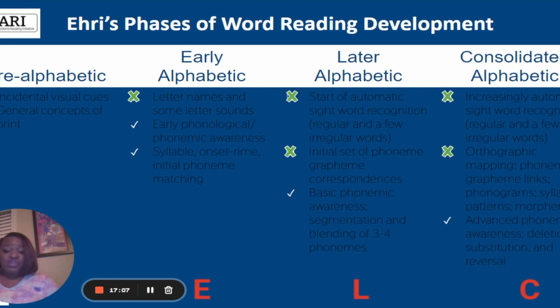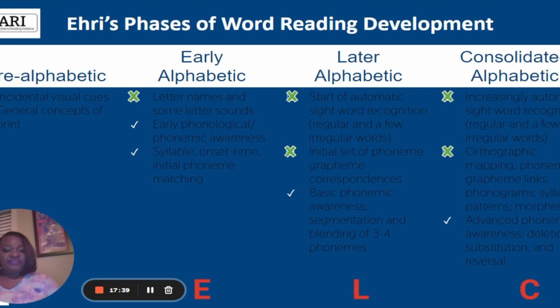Both of those are skills that live in the phonological and phonemic awareness domains. Letter names and some letter sounds would not fall under phonological and phonemic awareness because when we add letters in the mix, we have crossed the bridge to phonics. So that is why that very first skill is X'd out.